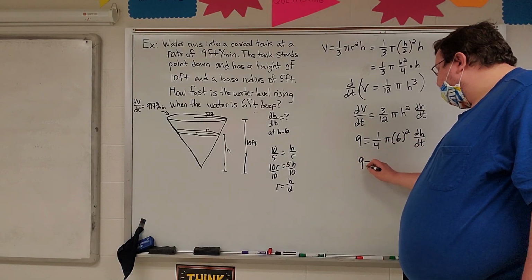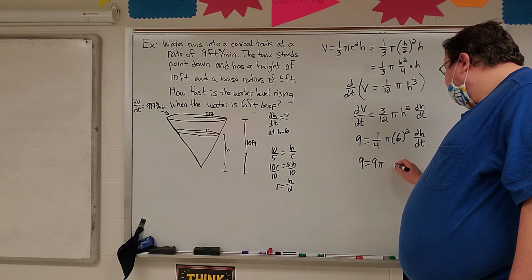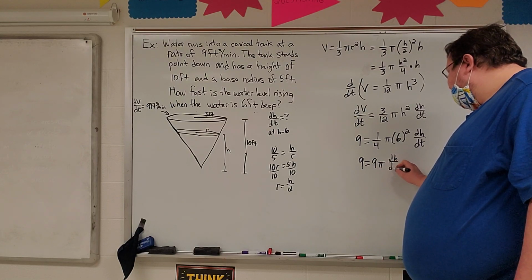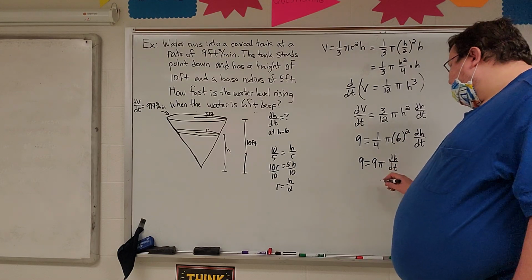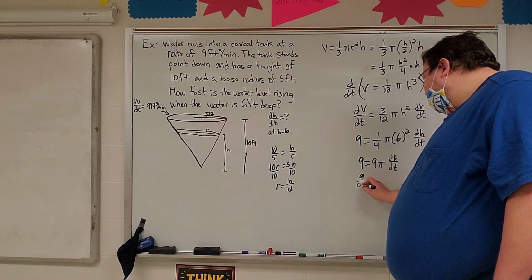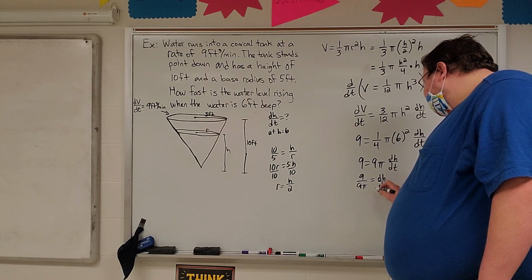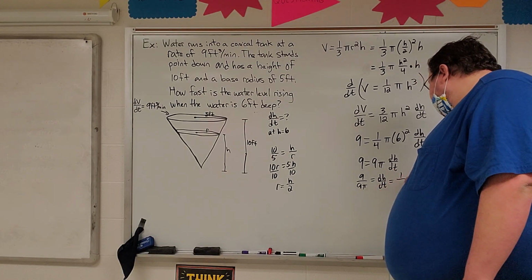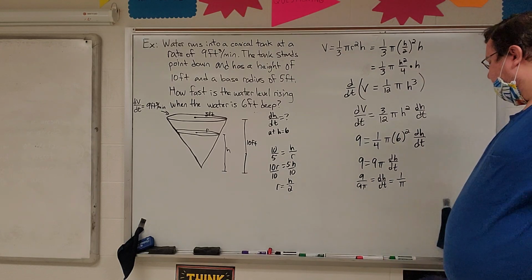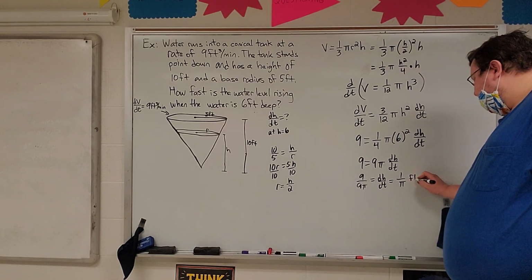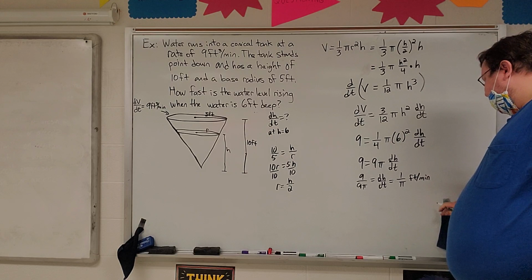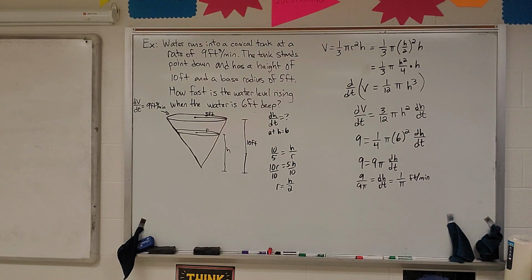So I get 9 equals 9 pi dh/dt. And I divide by 9 pi. I'm going to get 9 divided by 9 pi equals dh/dt, which simplifies to 1 over pi. That's going to be feet per minute. That's a height, so it's just feet, and that's per minute.